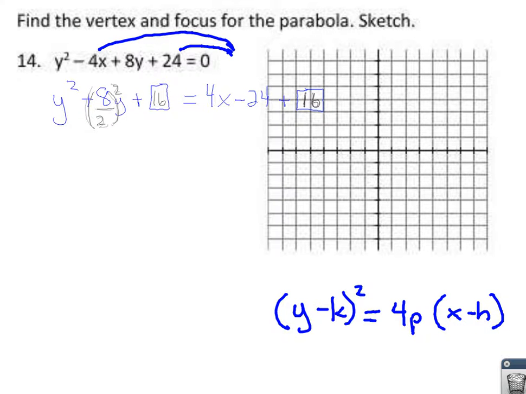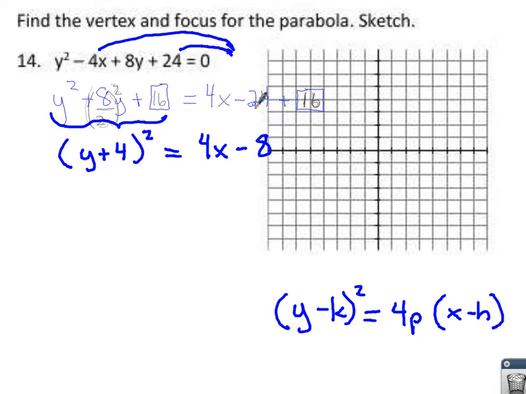So now we come back to the y side. I can now factor these three terms into y plus 4 times y plus 4, which is y plus 4 squared. There I've got that side. And this equals 4x minus 8, it looks like, when I add negative 24 and 16.